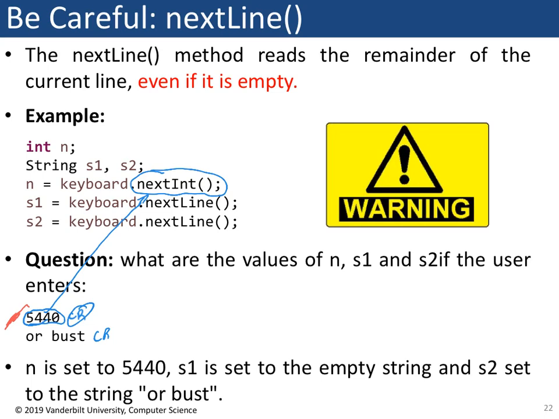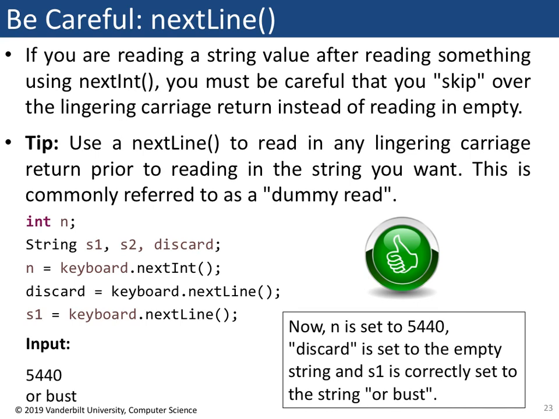Then when we call the nextLine method, we will read "or bust" up to the carriage return and store that in nextLine. So if you're reading a string value after using some method like nextInt or nextDouble that reads the token up till white space, you must remember to skip whatever lingering carriage return exists if you intend to read another line in.